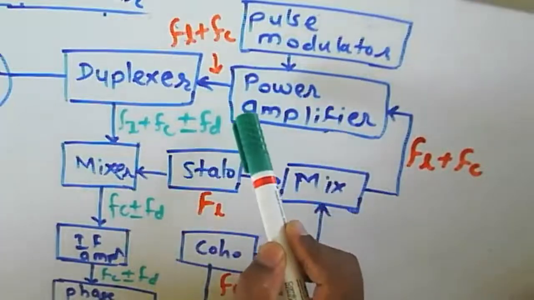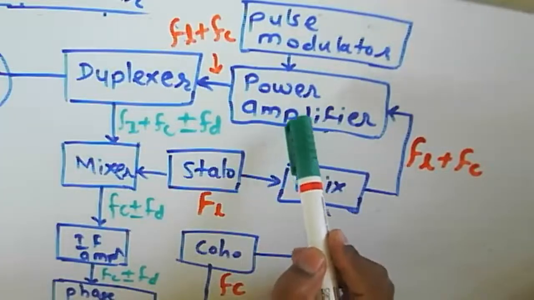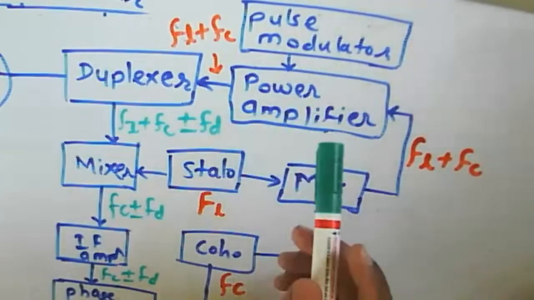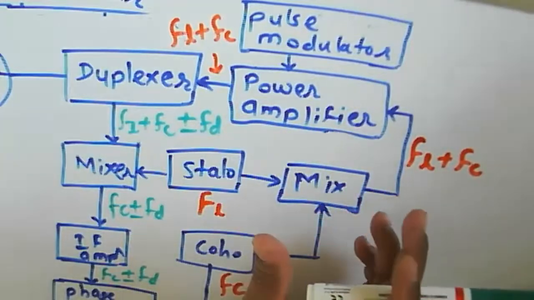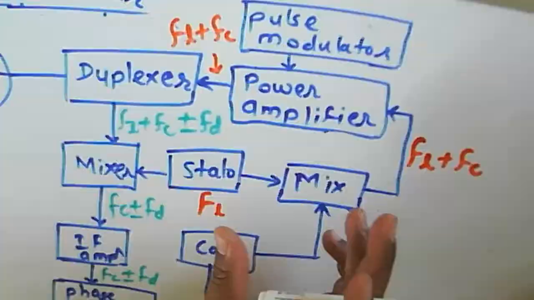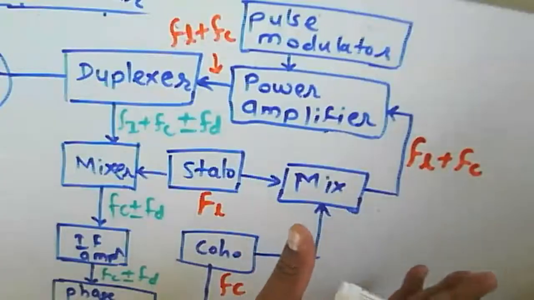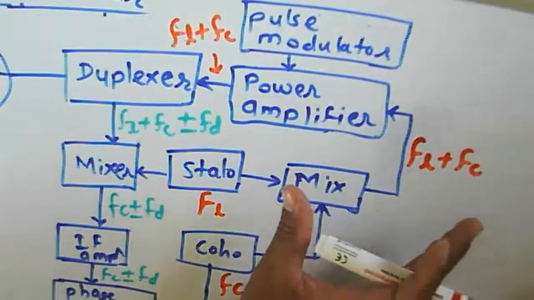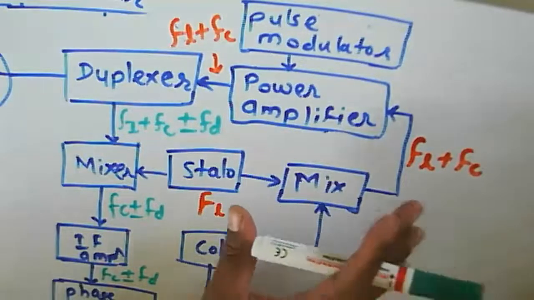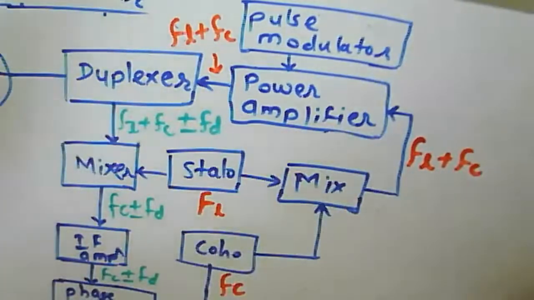So a power amplifier consists of an O type tube or an M type tube, meaning klystron, or crossfield devices, that is the M type tube, or a linear beam tube. Likewise, we can use any other device that will amplify the signal.